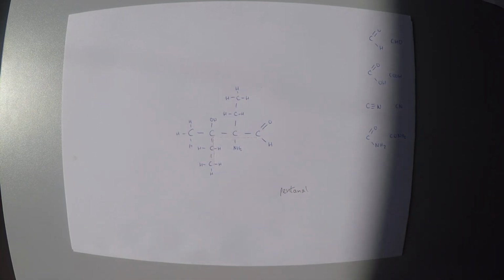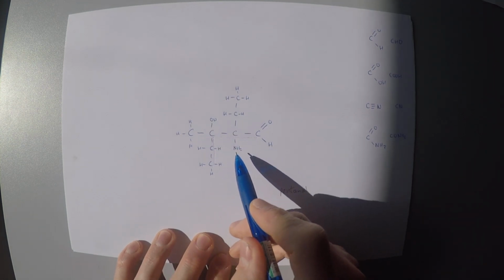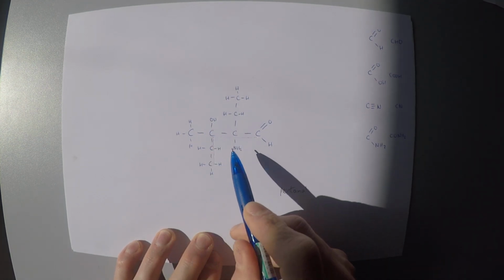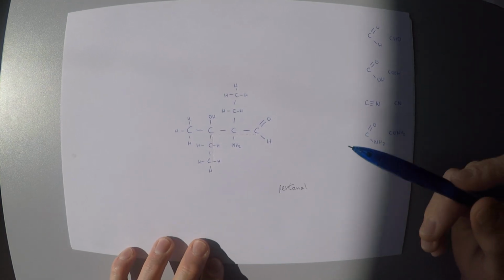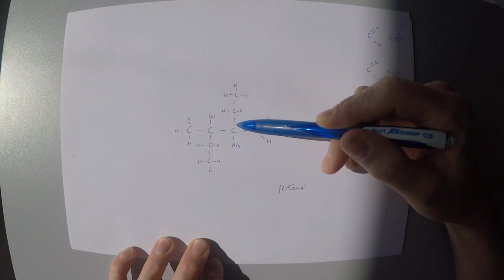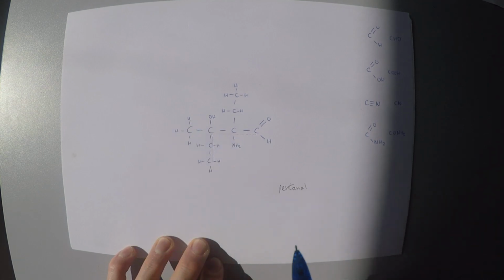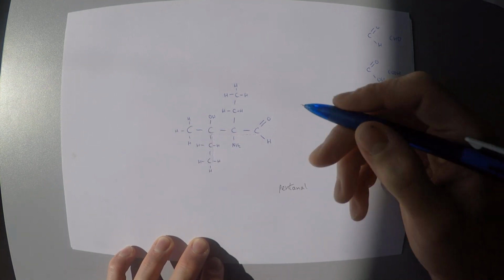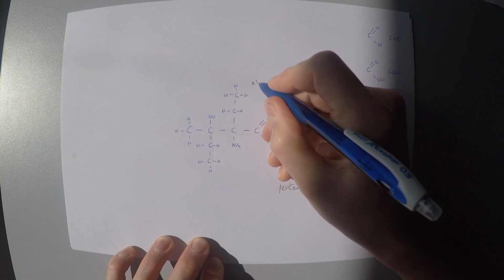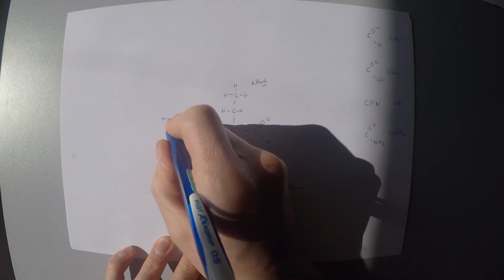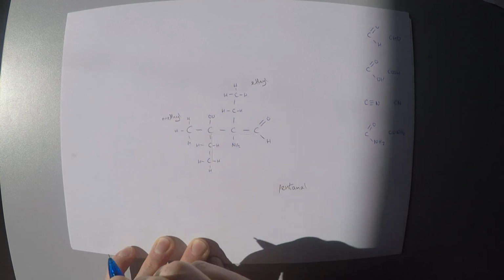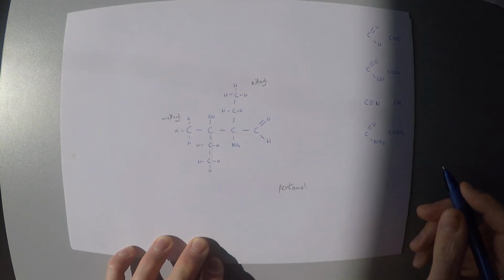What we then need to do is look for side chains and functional groups. And as you can see, we've got both of those. We have 2 functional groups, an OH up here, a hydroxyl group, and an amine group at the bottom here. And we've got 2 side chains, this side chain with 2 carbons up here, and a side chain with 1 carbon here. Okay, so the side chain of 2 carbons is going to be an ethyl side chain, and the side chain with 1 carbon is a methyl side chain.